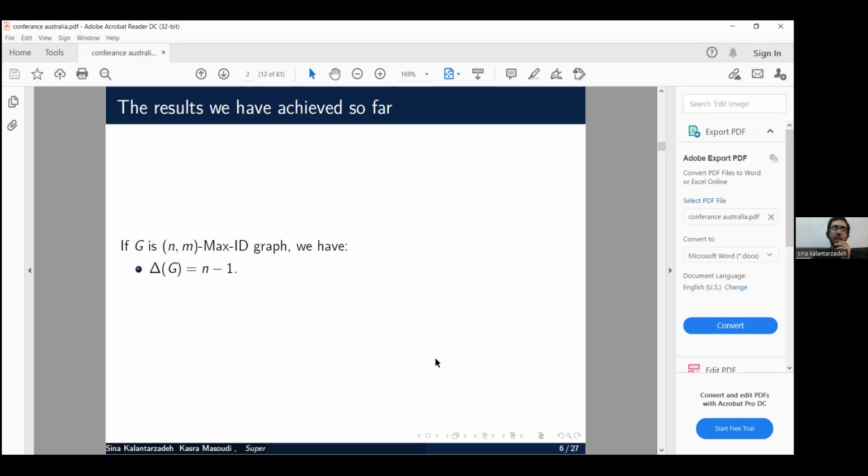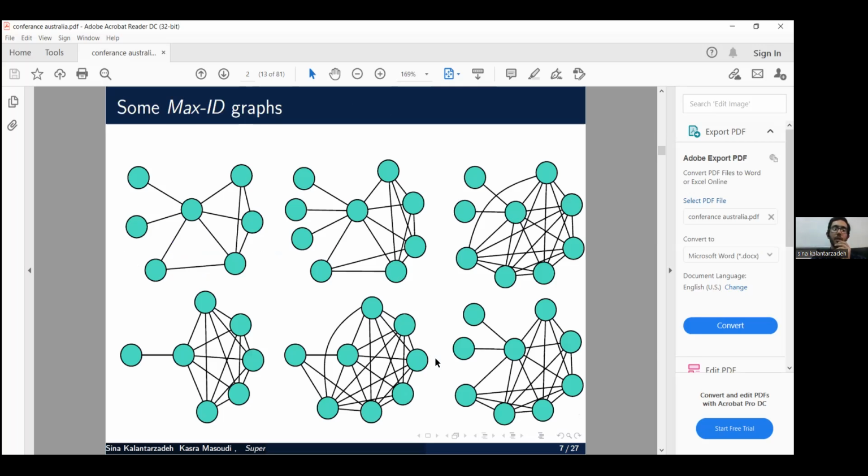Again, we see our examples, and we try to prove another feature for them.